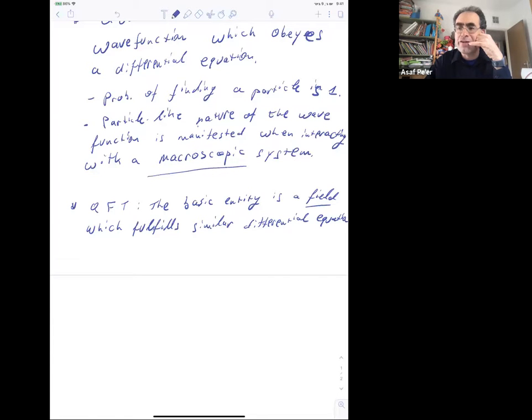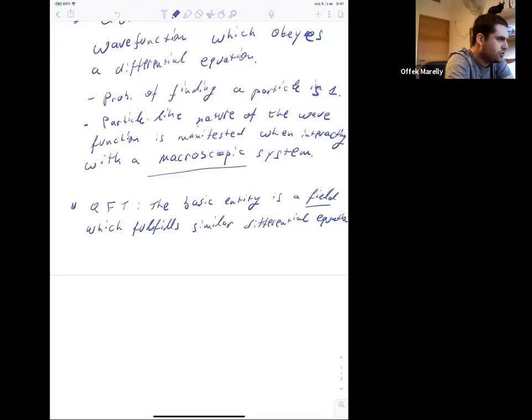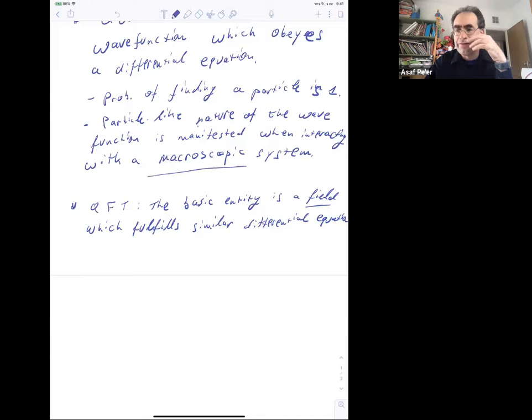How do I get from a field to a particle? Field is a charge that moves. Well, no, it's a field. Think of an electric field. It's there everywhere.